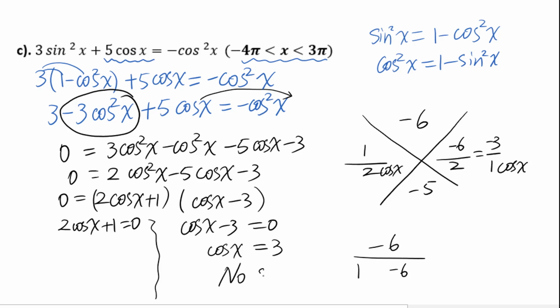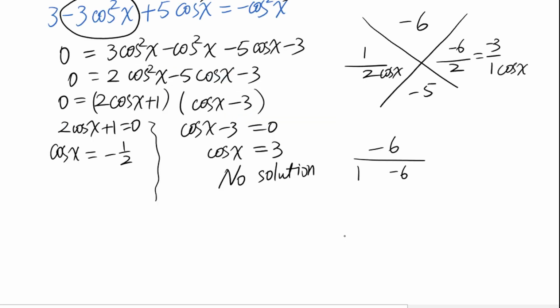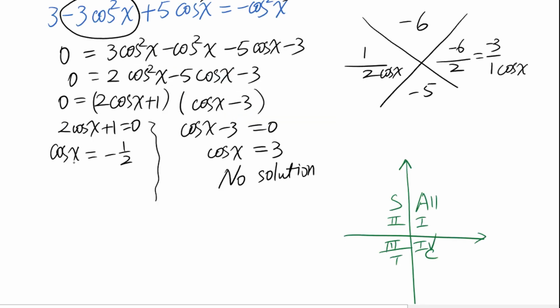No solution, because the range for cosine x is from -1 to 1. Let's solve this one. Cosine x equals -1/2. Let's draw a diagram. So we know cosine x is negative. We'll go to second and third quadrant.